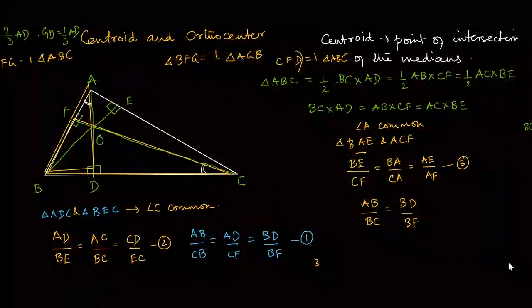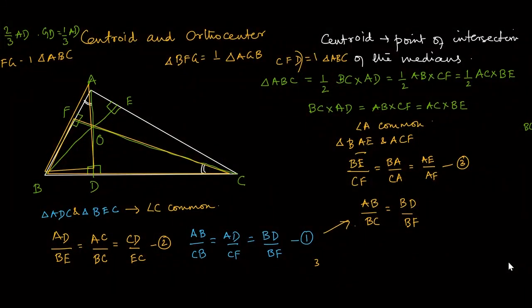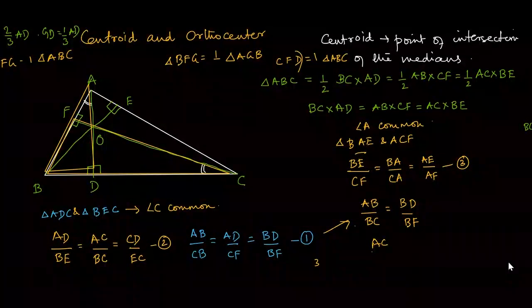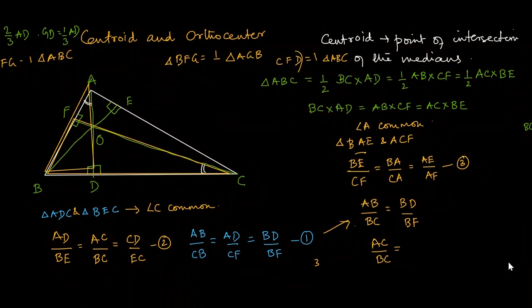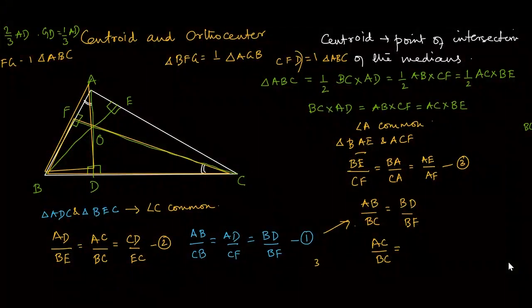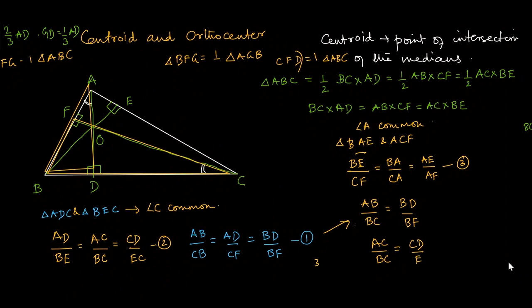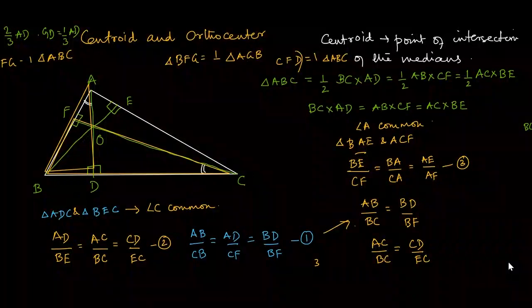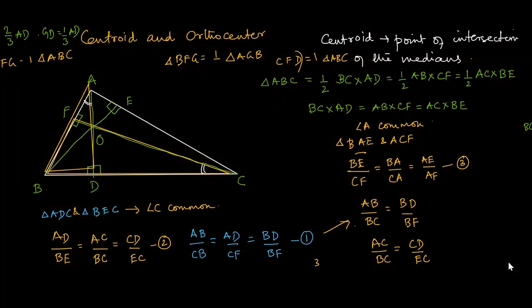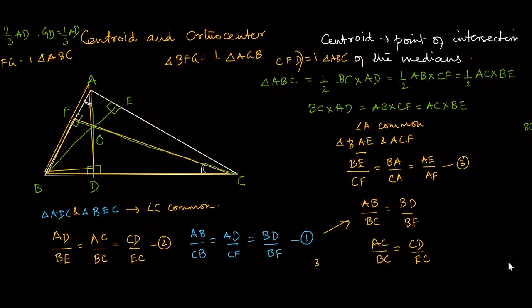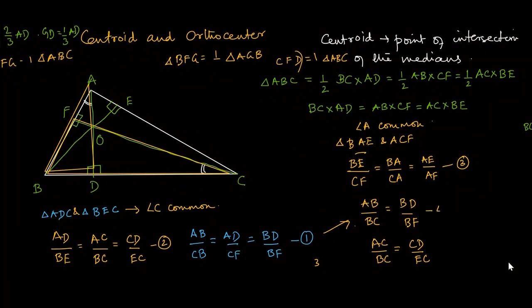From the second equation, I can write AC over BC is equal to CD over CE. Are you able to follow? So let us say this is my equation 4 and this is my equation 5.